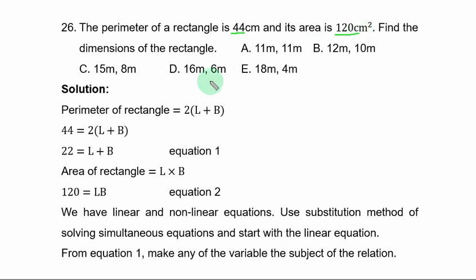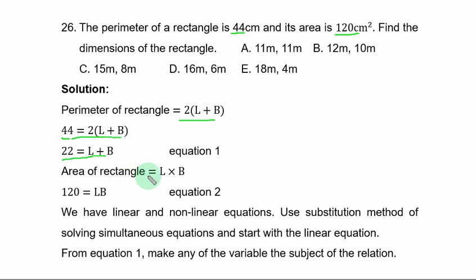So let's start with the perimeter. The formula is this: the length and the breadth are unknown, but the perimeter is 44, equal to the right hand side. Divide through by 2. You have 22 equal to length plus breadth. You call that equation 1.